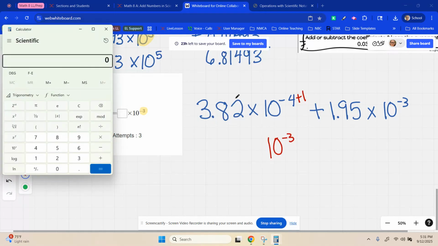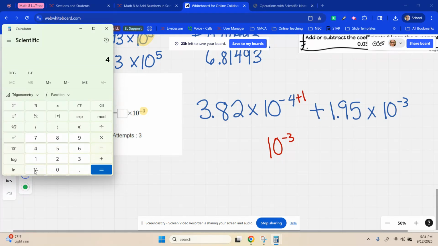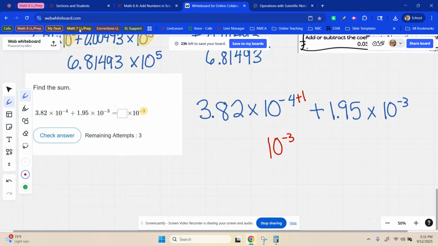Okay, this is 6th grade math. So, sometimes that kind of math didn't stick with us that well because it was pretty recently. Okay, -4 plus 1 is -3. All right, because I added to the exponent, I added 1 here.